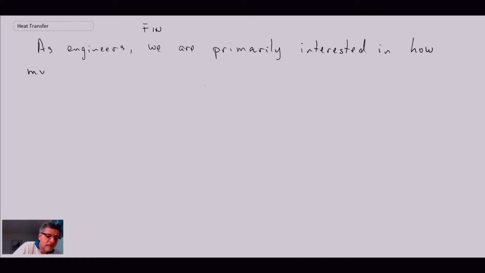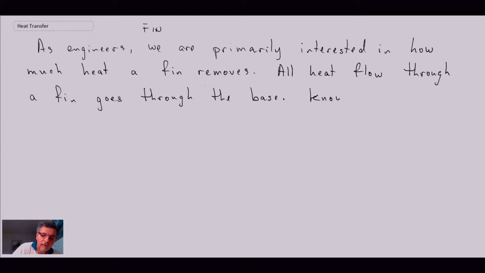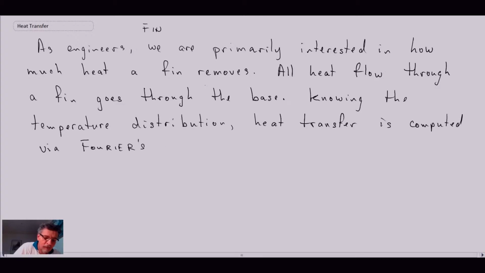But let me begin by saying what we're really after when we're looking at fins. The main thing we want to know is how much heat is being removed from the fin.